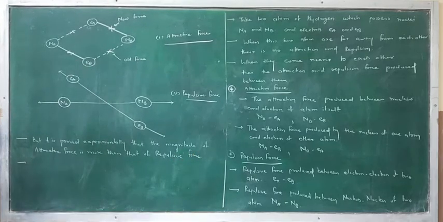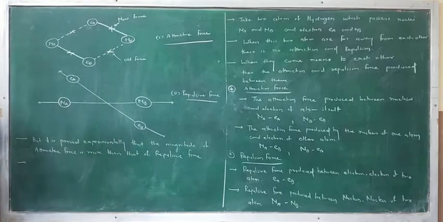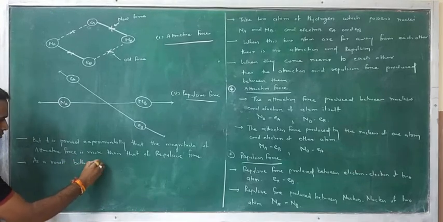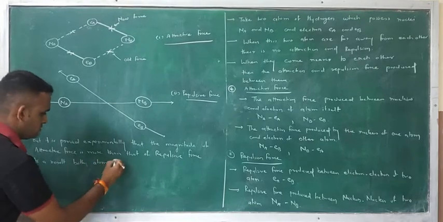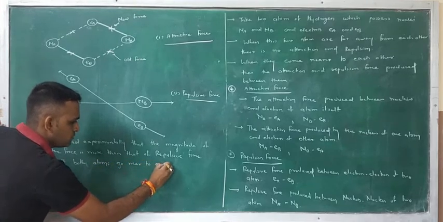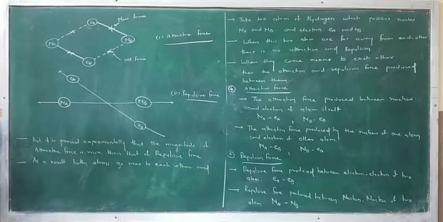Now, next one we can say that as a result, both the atoms go close, nearer to each other, right? So as a result, both atoms go near to each other, and the potential energy is decreased.